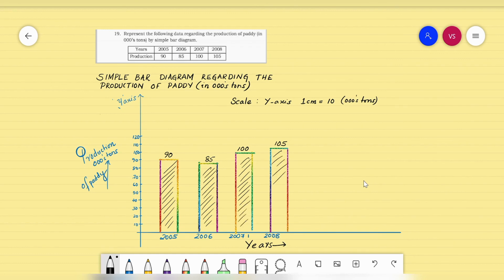You can make it more clear. This is what we have for a simple bar diagram. Okay, fine. Thank you very much.